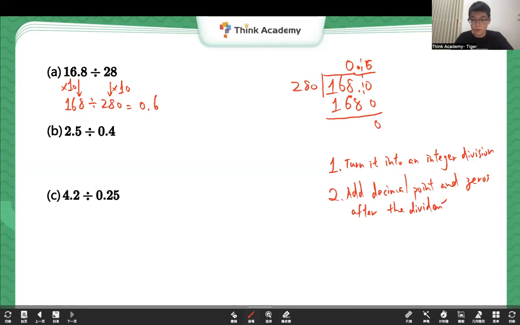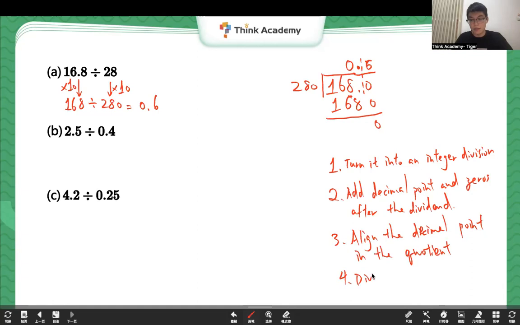And the third step is to align the decimal point in the quotient and finally just divide it.